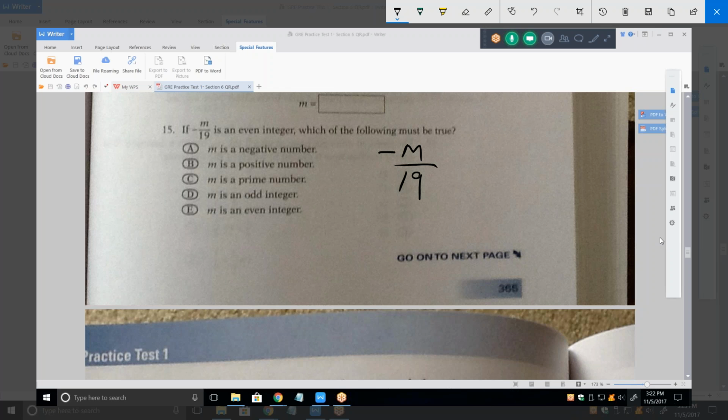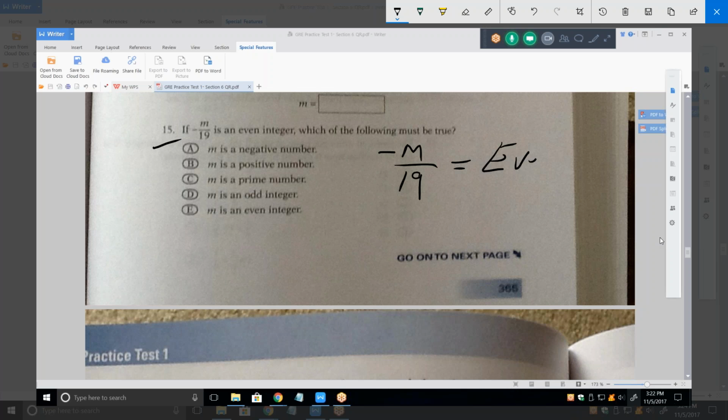m is an even integer. So what even integer can I come up with to disprove that? Well, we know that that's even.